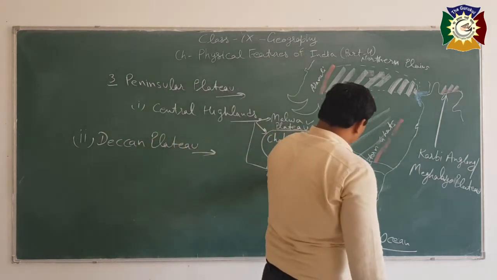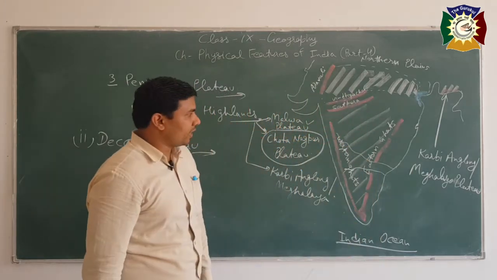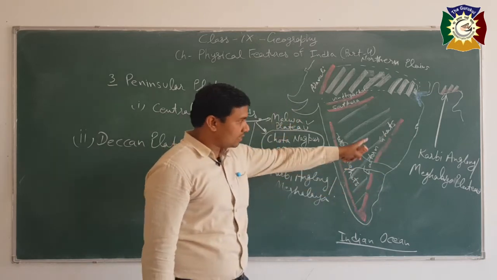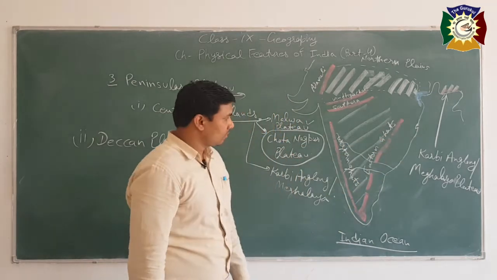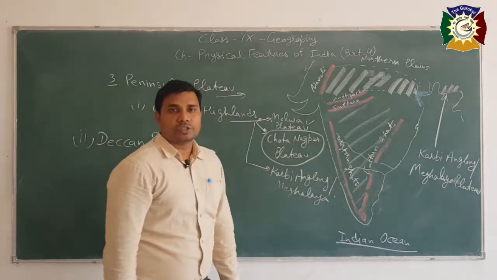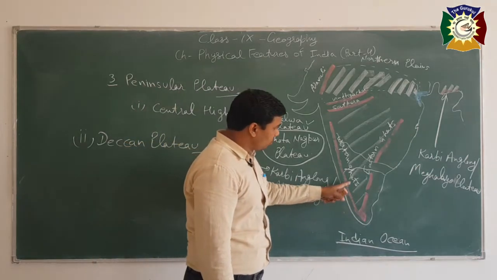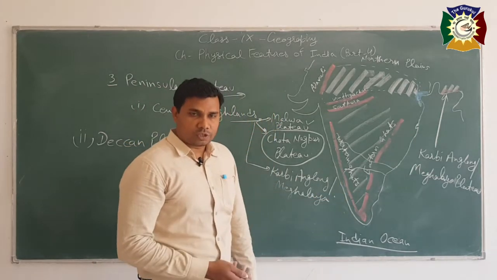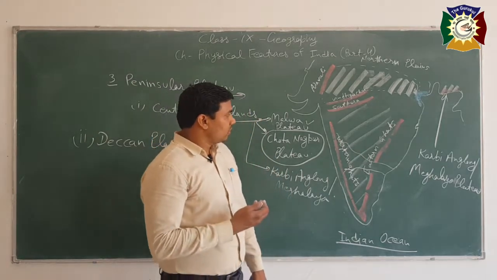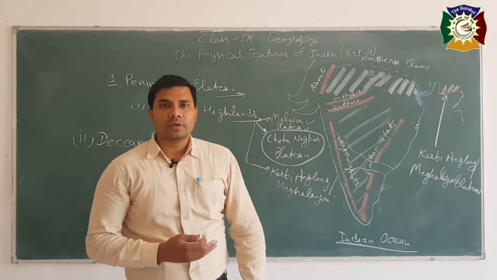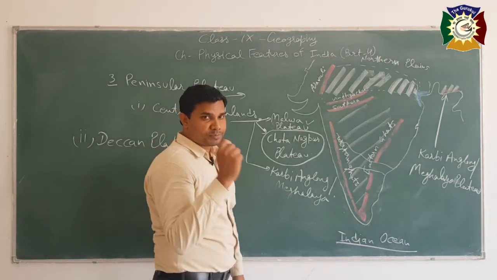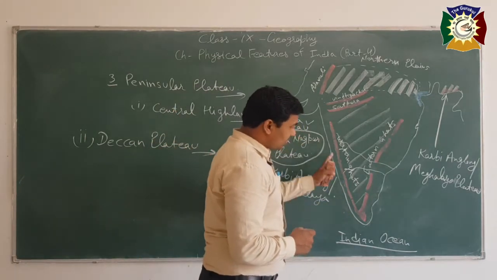And one more very important thing in this topic is about the Western Ghats and Eastern Ghats. Western Ghat is a continuous mountain range. It is not possible to cross this. Means for the construction of roadways or railways, as we know, level land is required for railway lines. So we have 3 gaps here in the Western Ghats.